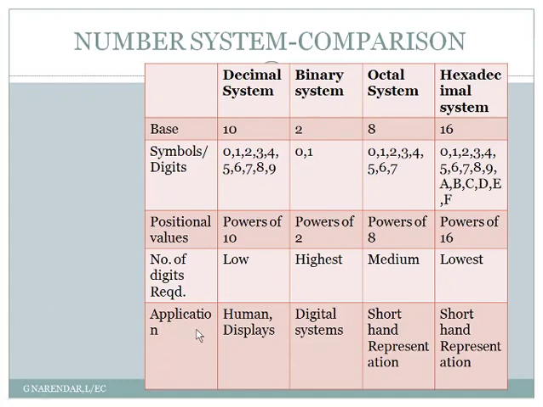So next we see one more parameter for comparison among all the 4 number systems, the application, where we'll be using all these number systems. Anyway, we'll use all these number systems to represent a particular quantity, particular information, but we'll be using them in various different applications.